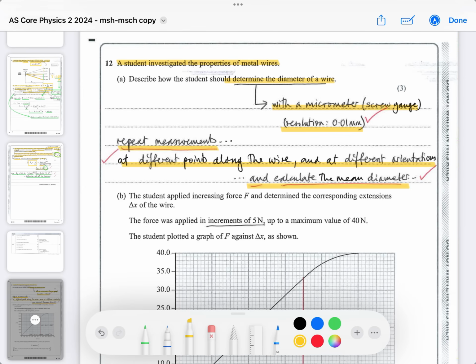They're made to be within a certain range of diameter. It's called a standard wire gauge, or SWG, so they're designed to be a certain diameter, but you've got to check them in several places to make sure. So this is 3 marks for this question, how they should do it.